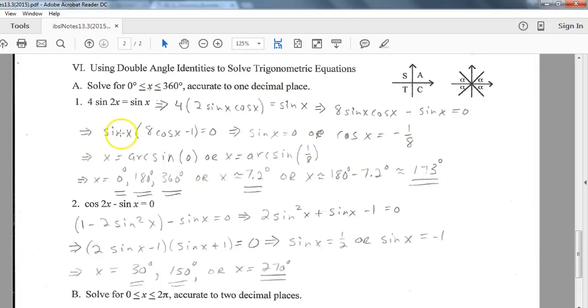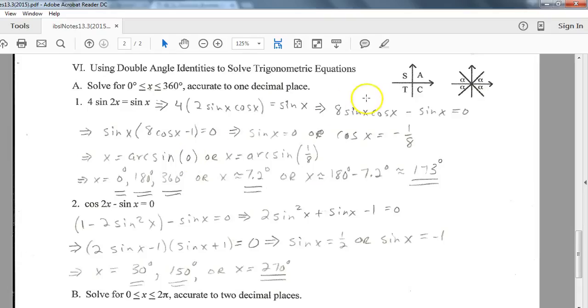So let's just start with this one for a minute. If the sine of x equals 0, so I'm getting this statement right here for the first part of my answer. So I'm saying the sine of what angle is 0. When you do an inverse sine function, that is the same thing as saying arc sine. Same thing as an inverse, just a different way of writing it. But we're still saying, okay, the sine of what angle is 0, which basically means I went up and down 0.